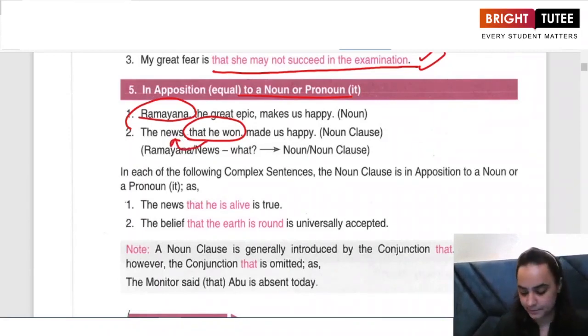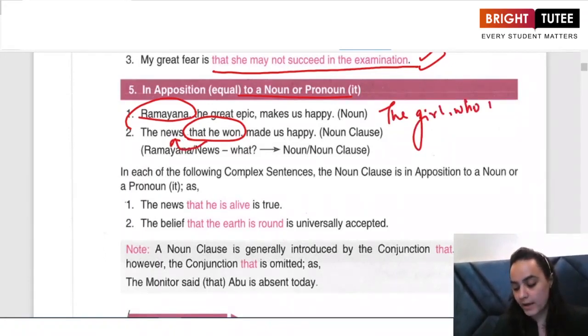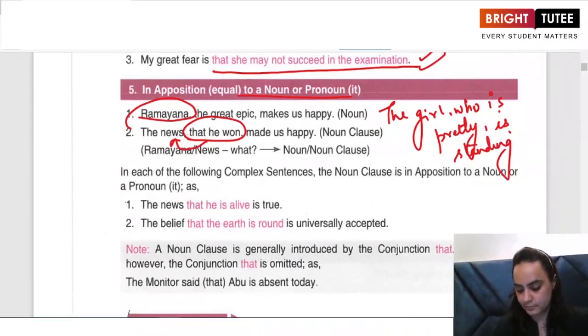If I say, the girl who is pretty is standing there. If I ask the question, who is standing there? There are two answers that I get. The girl, and which girl? Who is pretty.